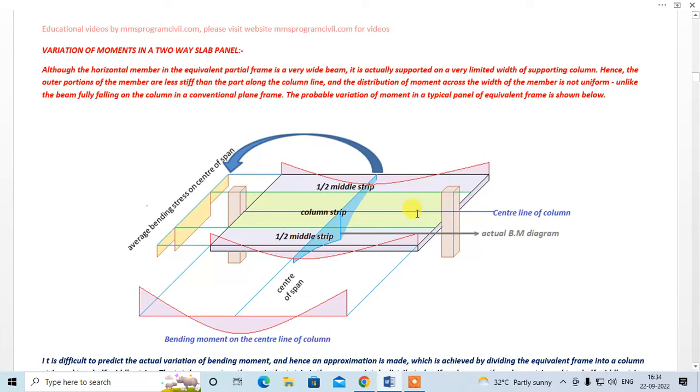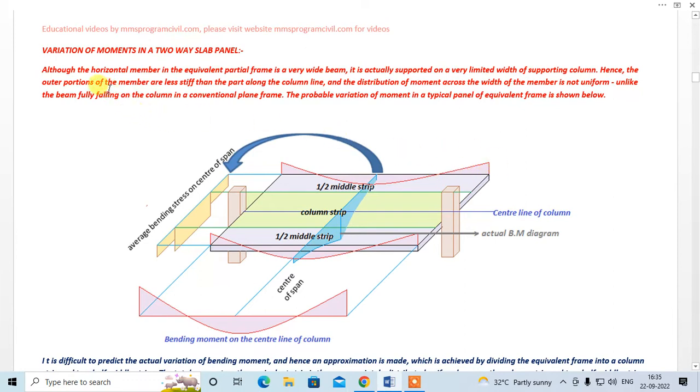So it is but natural we can feel the region of slab along the central line of the column, okay, this will be more stiff than the portion outside, right? So that is why this part will take higher moment when compared to this, right? Because this is going to be less stiff, right?